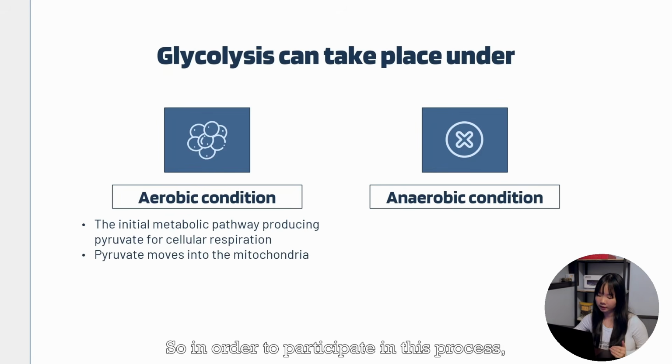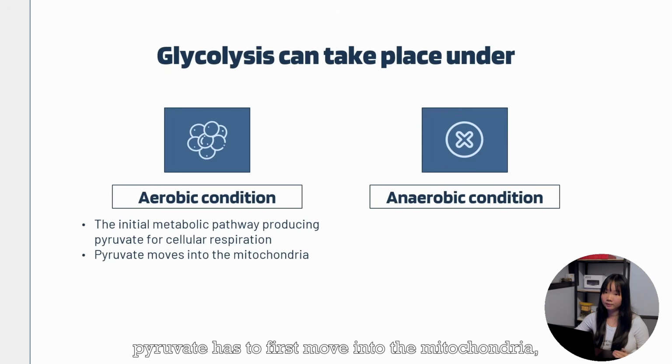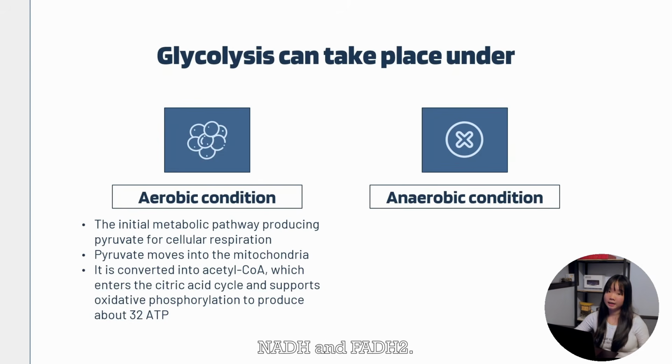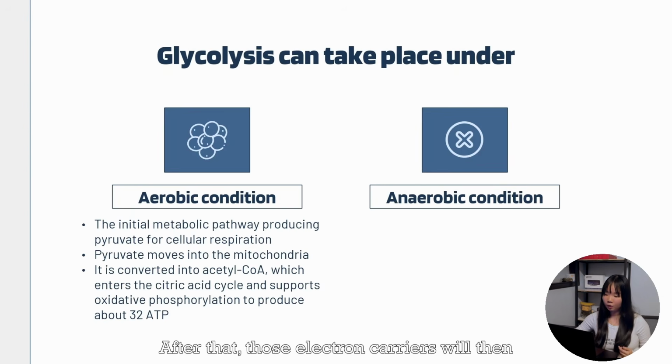So in order to participate in this process, pyruvate has to first move into the mitochondria, where it will then be converted into acetyl-CoA, which further enters the citric acid cycle to produce what we call electron carriers, such as NADH and FADH2. After that, those electron carriers will enter the electron transport chain, which further enters oxidative phosphorylation to produce about 32 ATP.